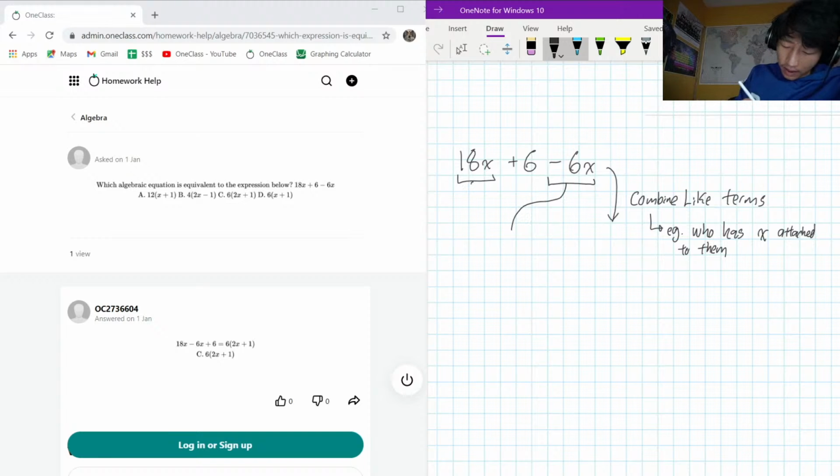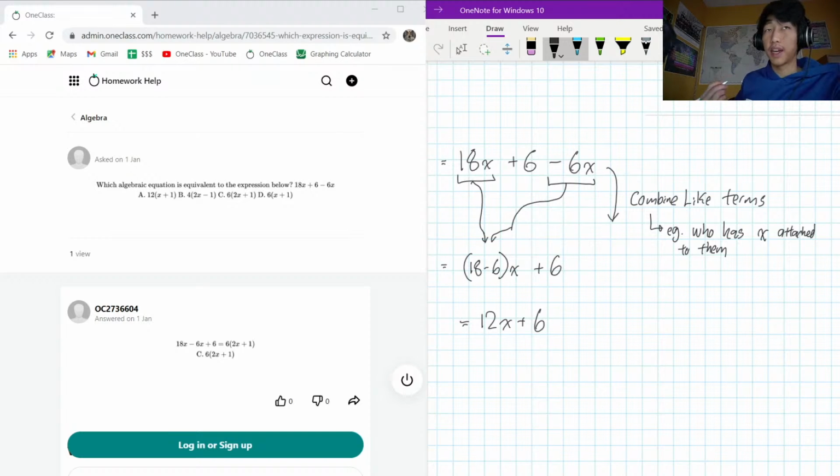These two will come together in harmony to make 18 minus 6x plus 6. 18 minus 6, that's 12x plus 6. Okay? So these are all equal to each other. We're just doing a little bit of a simplification process.